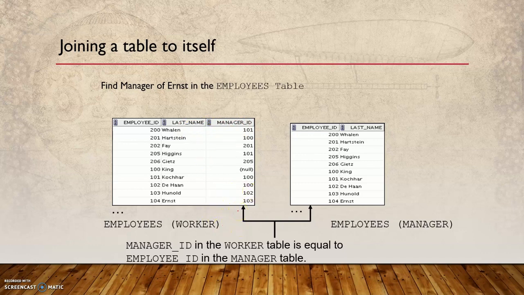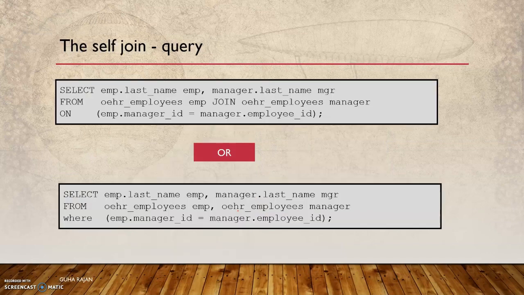So basically you need to have a join on the same table itself to derive the result. For example, instead of the manager ID, which is again a kind of employee ID, if I want the name derived, then you need to have a self join. If you look at it, you have the employee last name, then the manager last name, and you have the join condition.